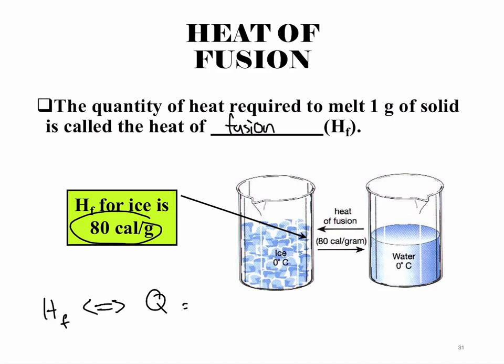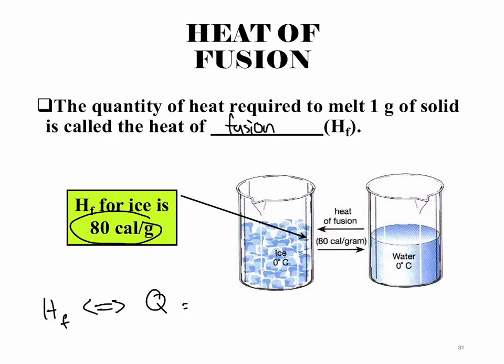How would you get grams in the denominator here to cancel out? What would you need to multiply that quantity by?